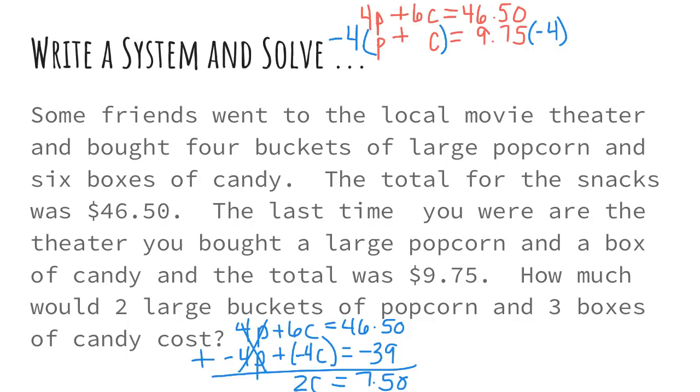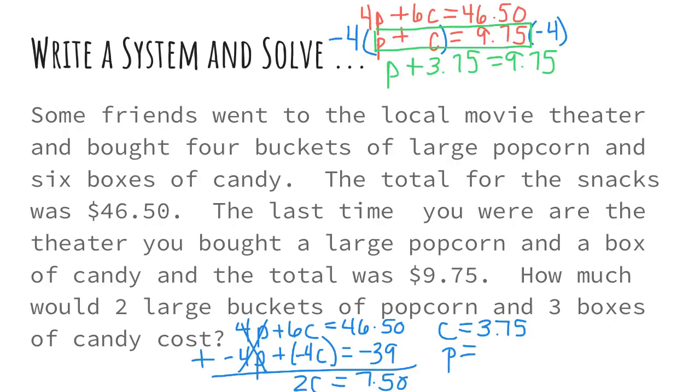That means 1 candy will be $3.75. That's awesome. I'm going to go up to this original equation right here. A popcorn plus a $3.75 candy equaled $9.75. So it looks like my popcorn then would be $6.